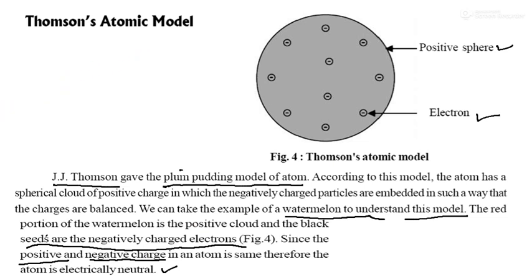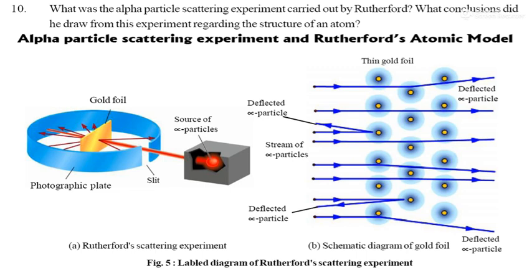Now come to the Rutherford experiment. So you can say here question number 10. What was the alpha particle scattering experiment carried out by Rutherford, and what conclusion did he draw from his experiment regarding the structure of the atom? So you can see here, it is the gold foil, and it is as thin as possible, and you can say it looks like an atom.